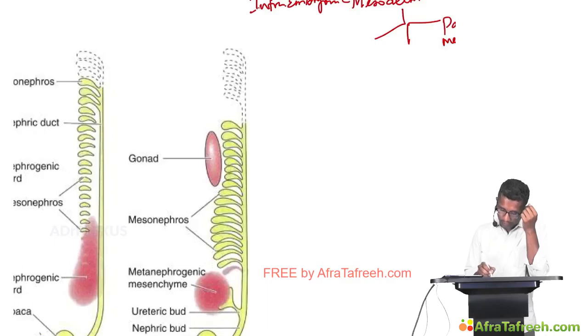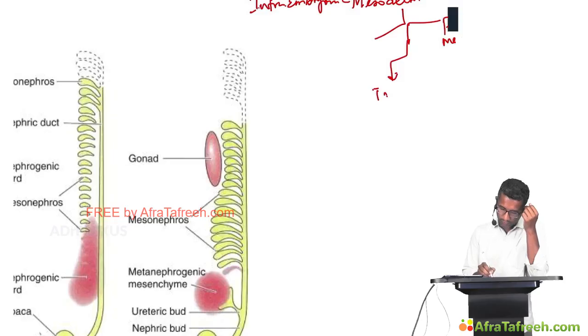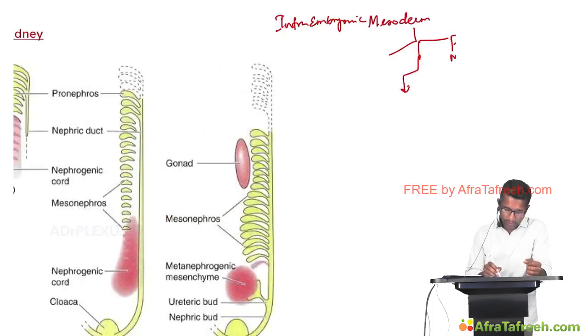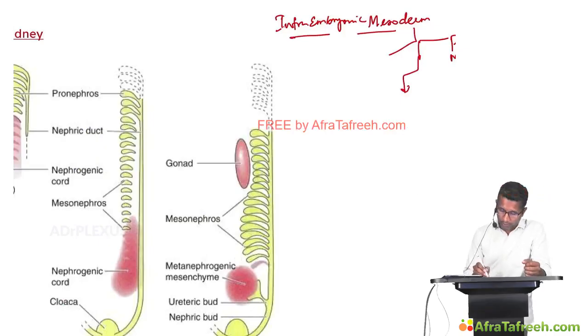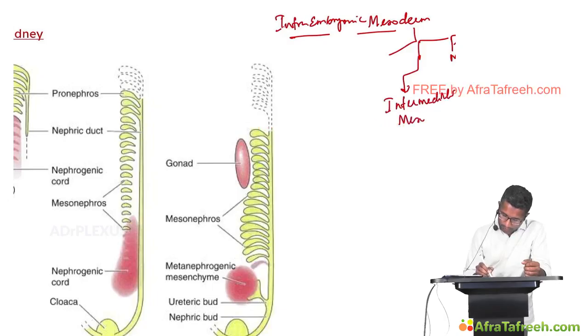The next one is called the intermediate mesoderm. So we are talking about the intra-embryonic mesoderm, which is divided into three parts: the para-axial mesoderm, the intermediate mesoderm, and the lateral plate mesoderm.